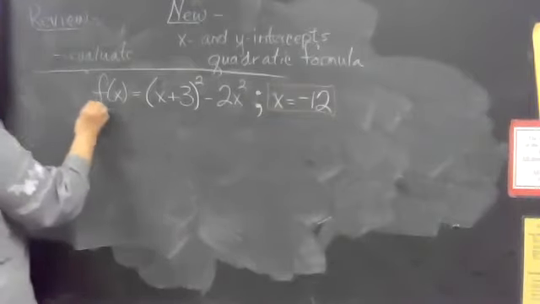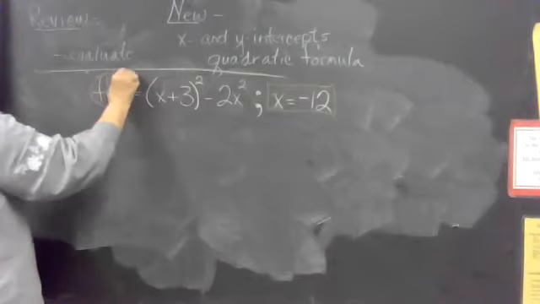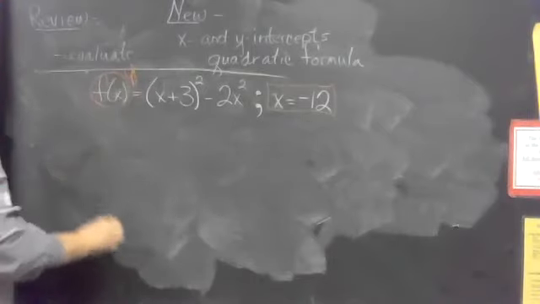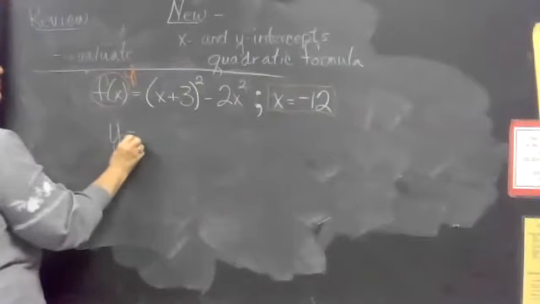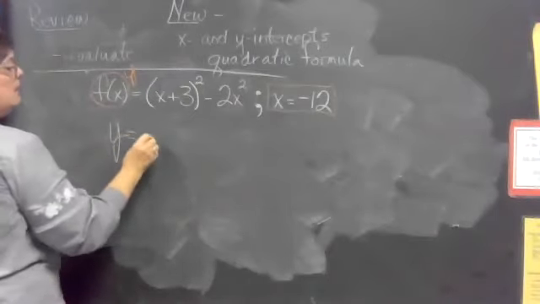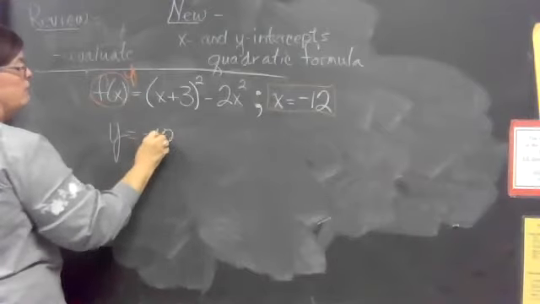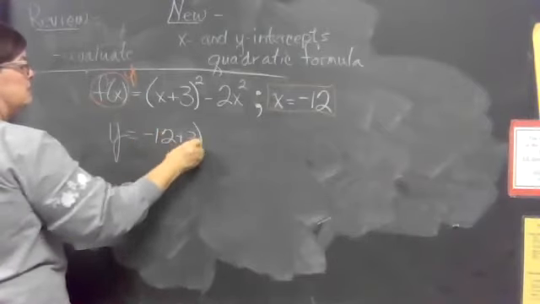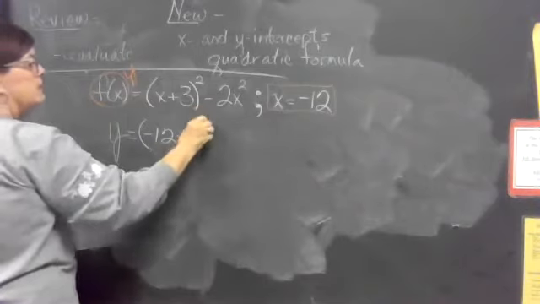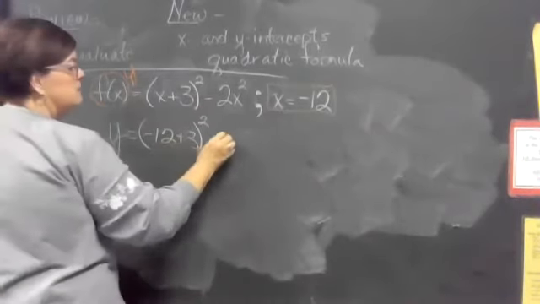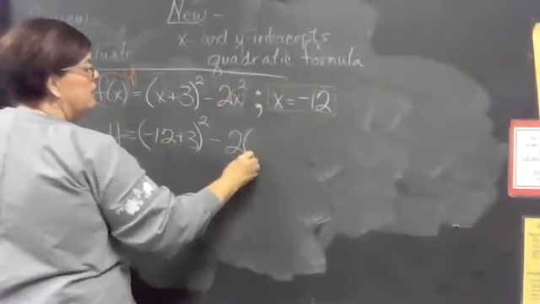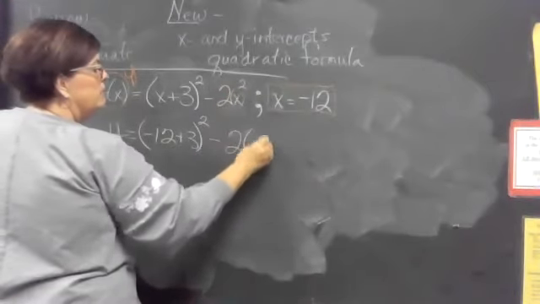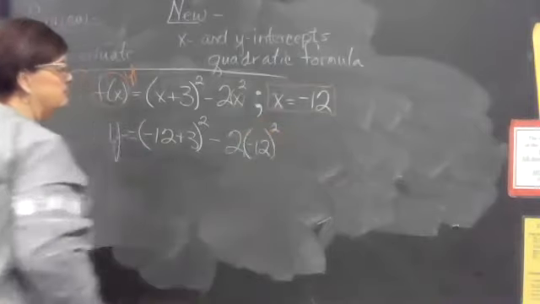We know that f of x can be translated as a y. And so now we have y equals (-12 plus 3) squared minus 2, and we need to put this in parentheses, so we've got (-12) squared.